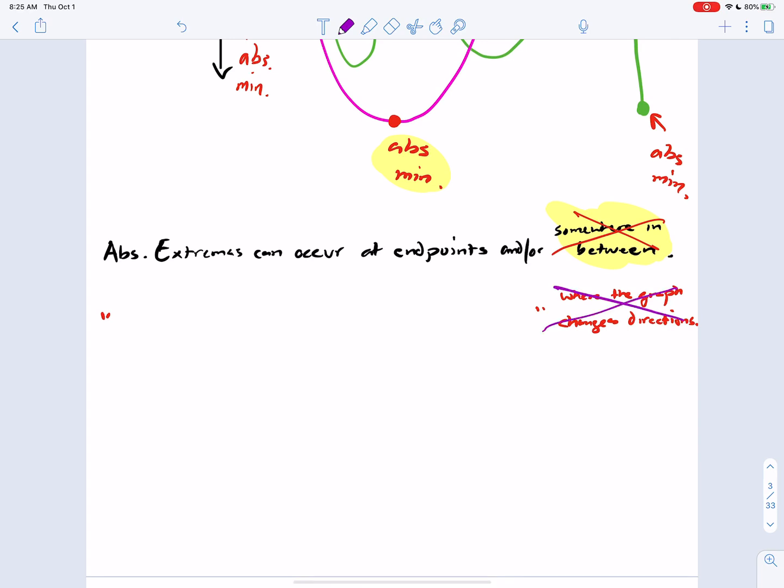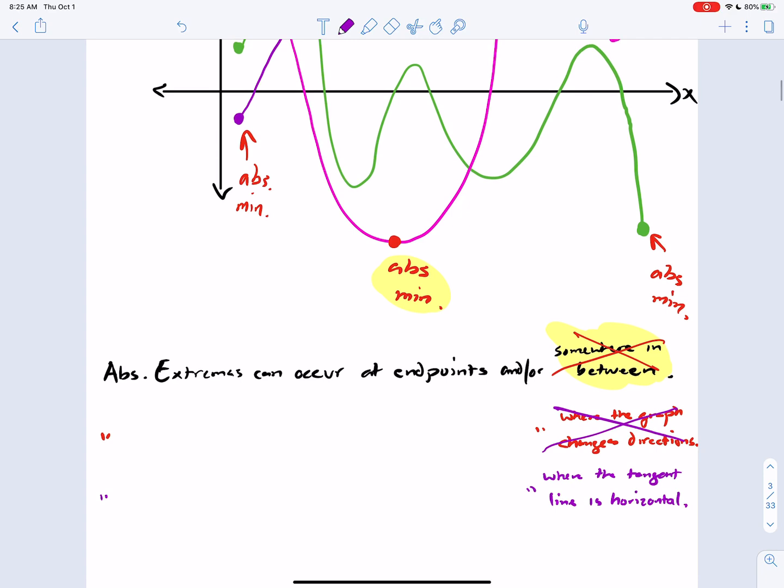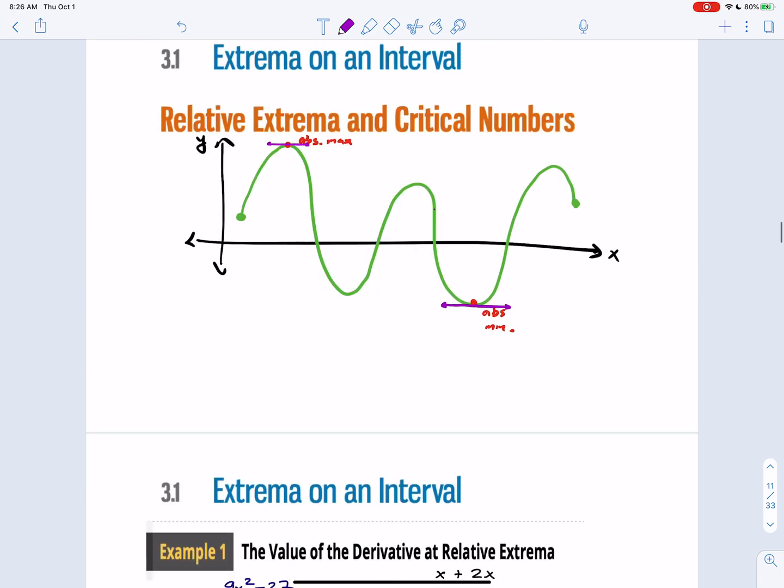We're going to say that this is where the tangent line is horizontal. So we're slowly revising the statement to see where it leads us. All right, so look, we can go a little bit further. Now here we go. What do you guys know about horizontal tangent lines?